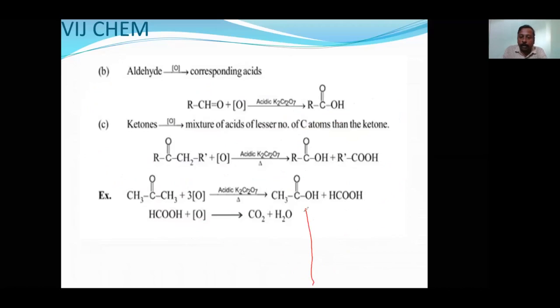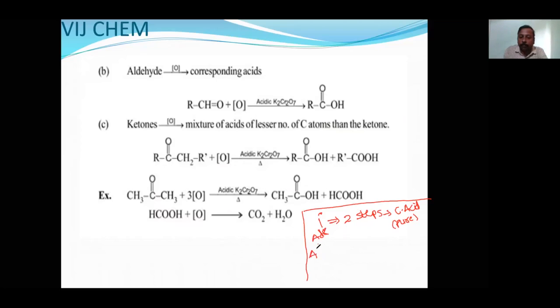Before going further, I want you to have clarity. 1 degree alcohol, how many steps? 2 steps. Then it will give the pure carboxylic acid. There will be no mixture here. Here it should be 1 degree alcohol. This is the 1 degree alcohol.